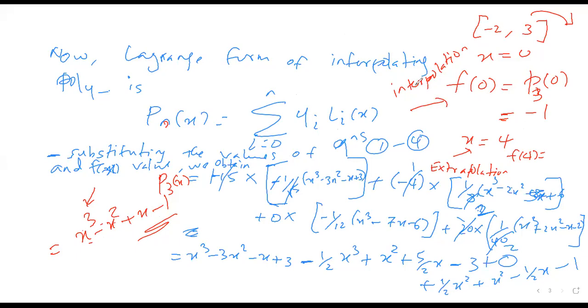If it is inside, we call it interpolation. If it is outside, we call it extrapolation. So you can write, since 4 is outside the interval, that's why we call it that.